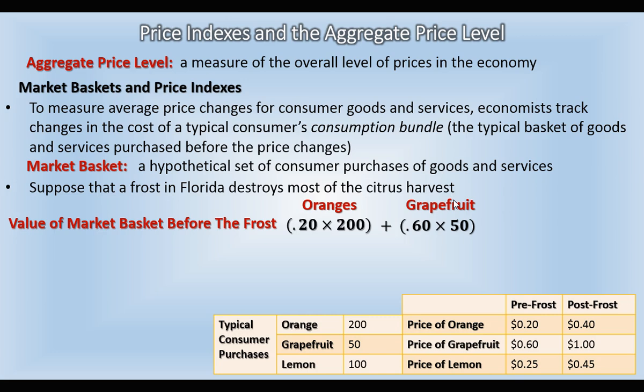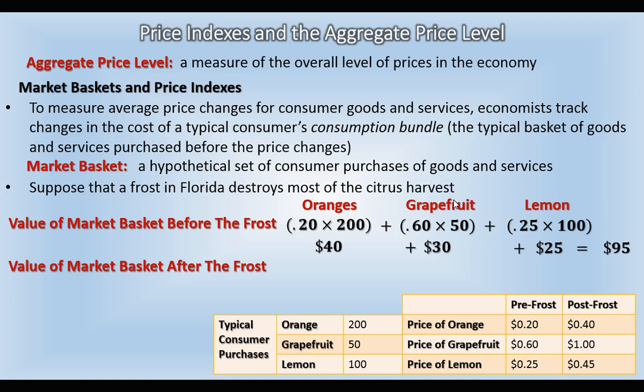Say that 5 times fast. And lemons also bought generally in quantity of 100, and here they are at the pre-frost price. So again, oranges are 40 plus 30 for grapefruits plus lemon 25. So that equals $95 for the value of the market basket before the frost.